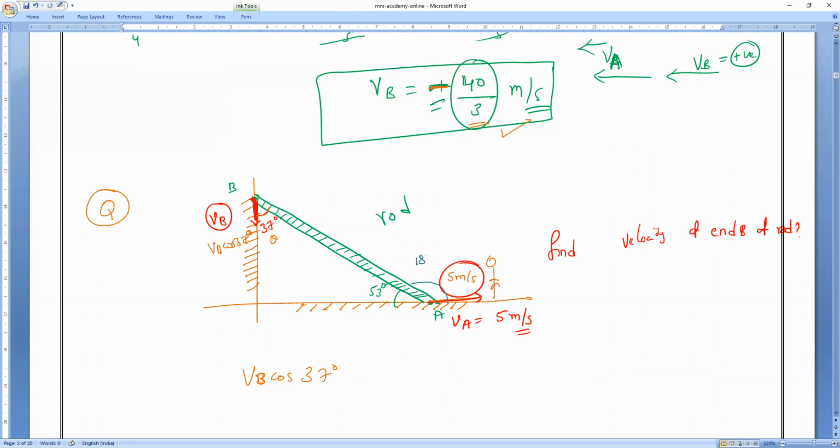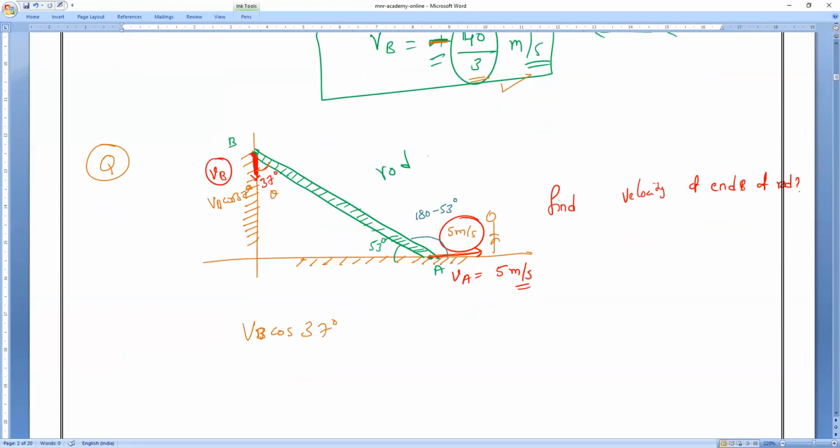VA cos 180 minus 53, which is 5 into cos 180 minus 53. Cos 180 minus theta is minus cos theta, so it turns into minus cos 53, which equals VB cos 37.